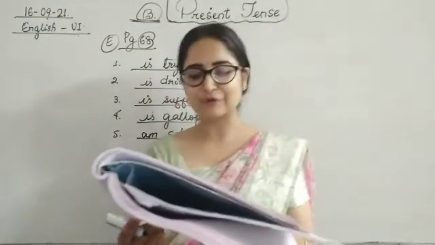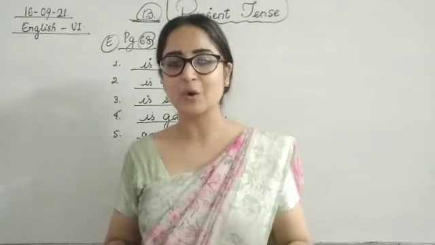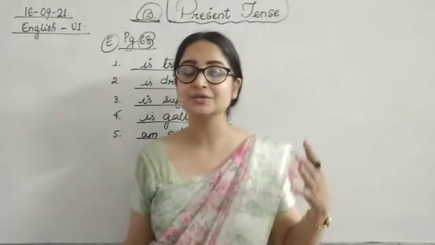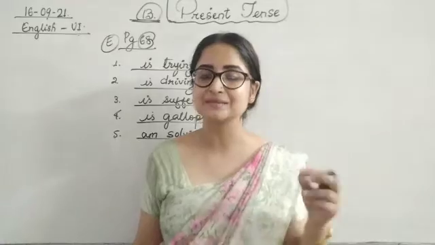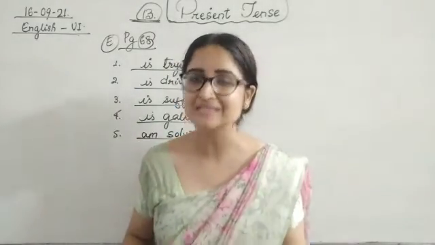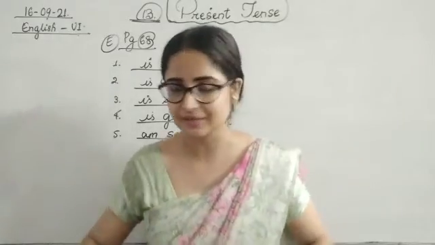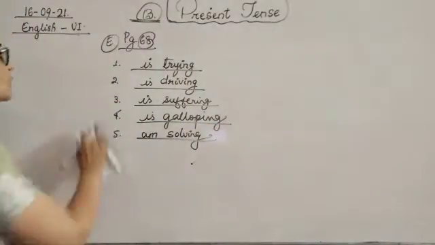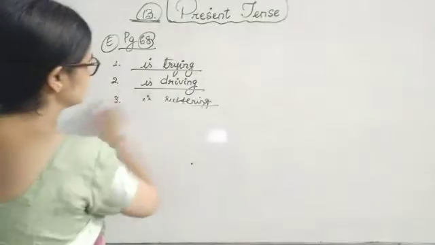The negative is formed by adding not after the auxiliary verb. So how are you going to use the present continuous tense for forming negative sentences? You are going to add not after the auxiliary verb. I have already discussed what an auxiliary verb is. This was our auxiliary verb.